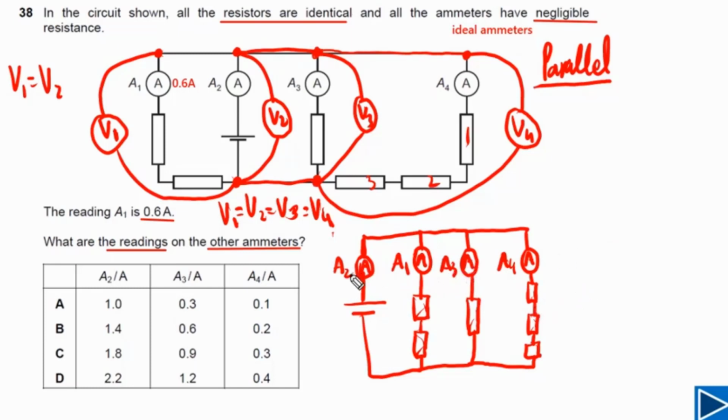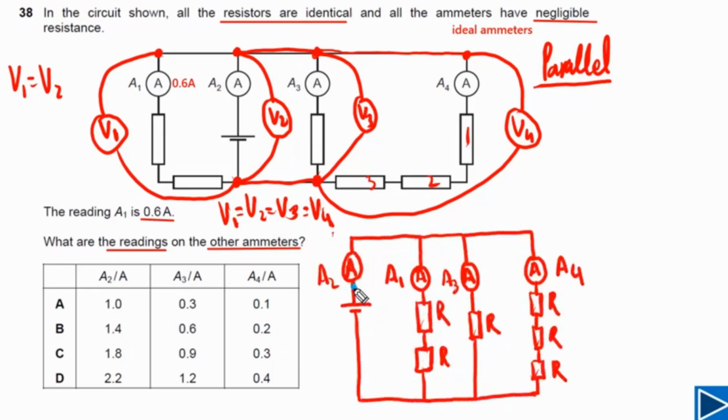Now we need to find out the readings on A2, A3 and A4. Let's say the resistance of each resistor is R, so simply we can write down here each resistor has the same resistance because they are identical resistors.